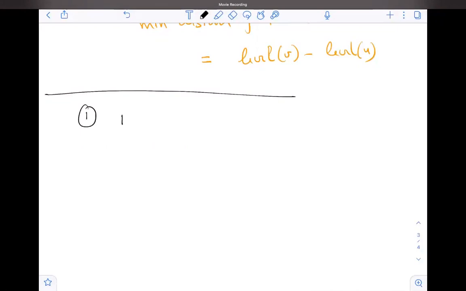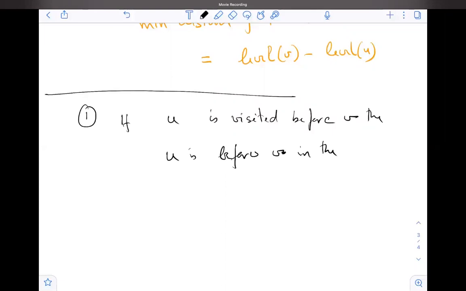If U is visited before V, then U is before V in the queue. It's an obvious statement, almost an observation. And that's all that you need. Just with this observation, you can prove the correctness of the BFS algorithm.